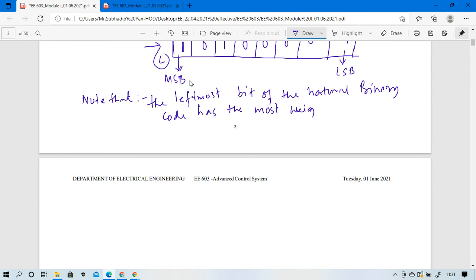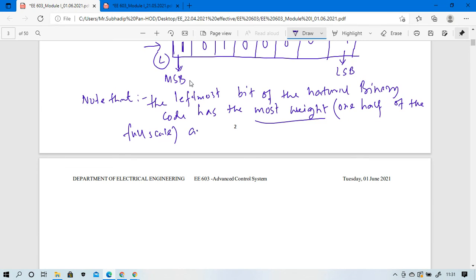Most weight means this particular bit has one half of the full scale.